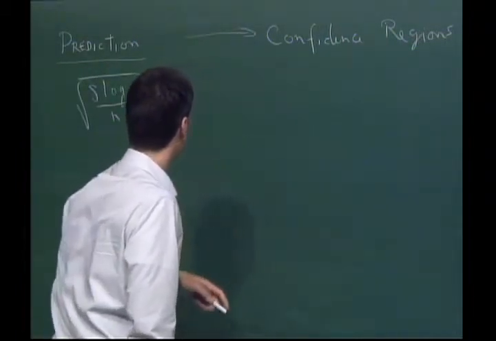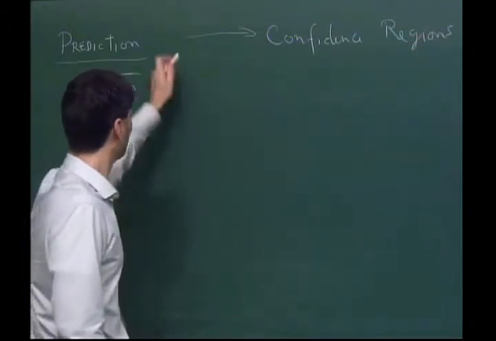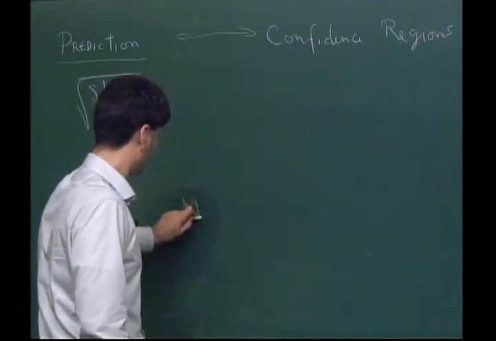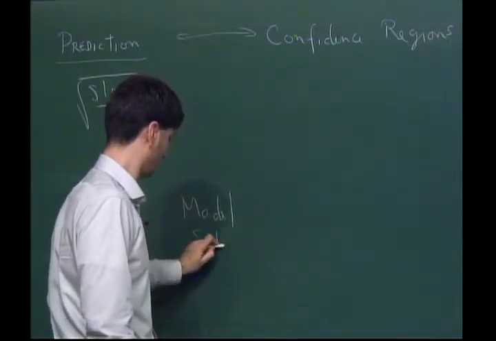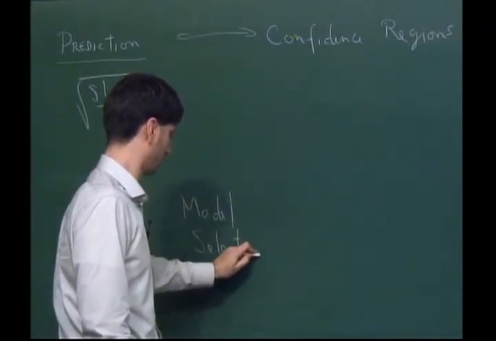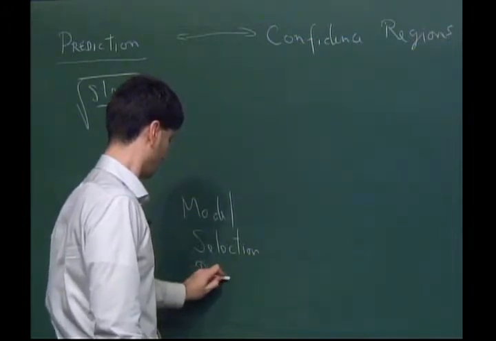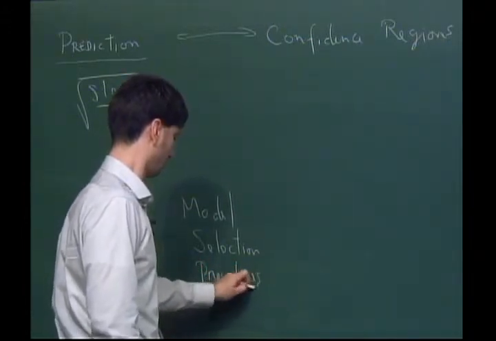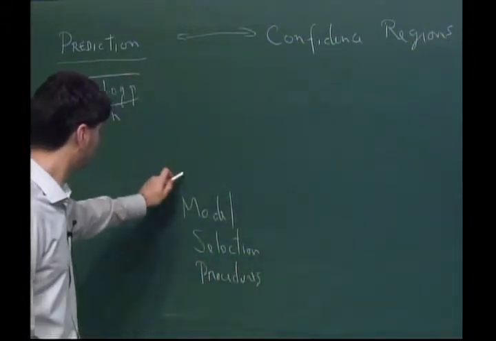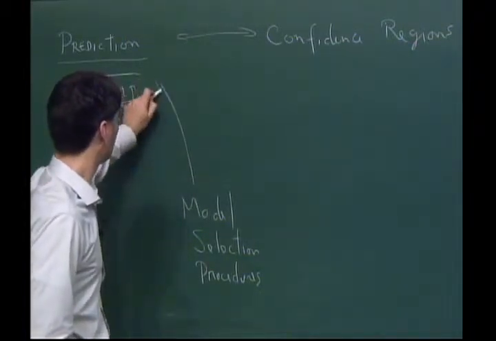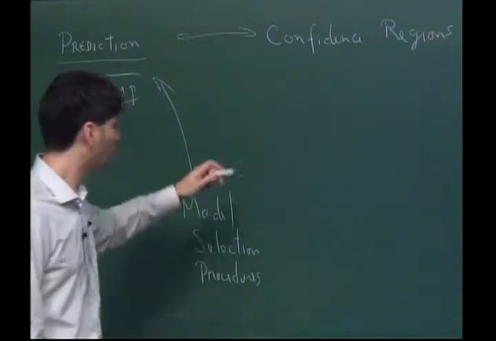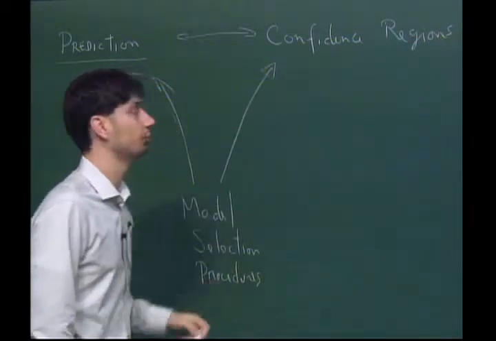Last class, in particular, created this distinction between model selection procedures. It's not clear at all that one model selection procedure that is good for prediction would also be good for confidence regions.